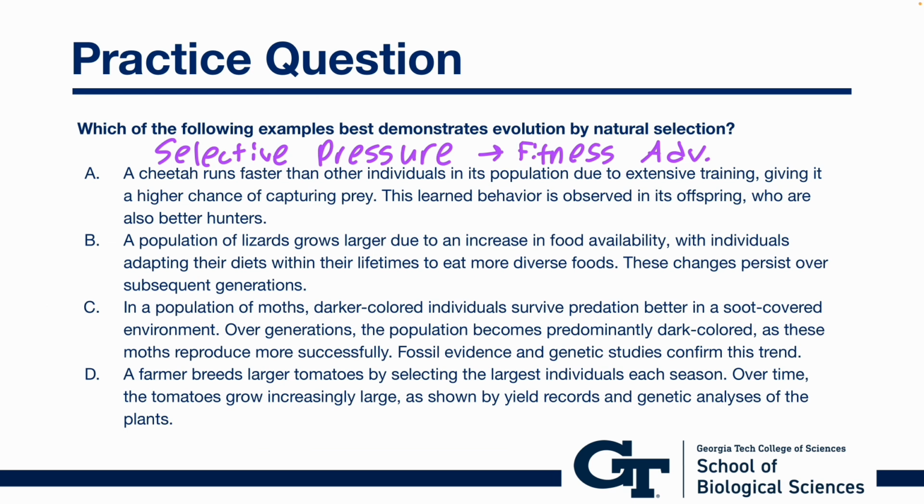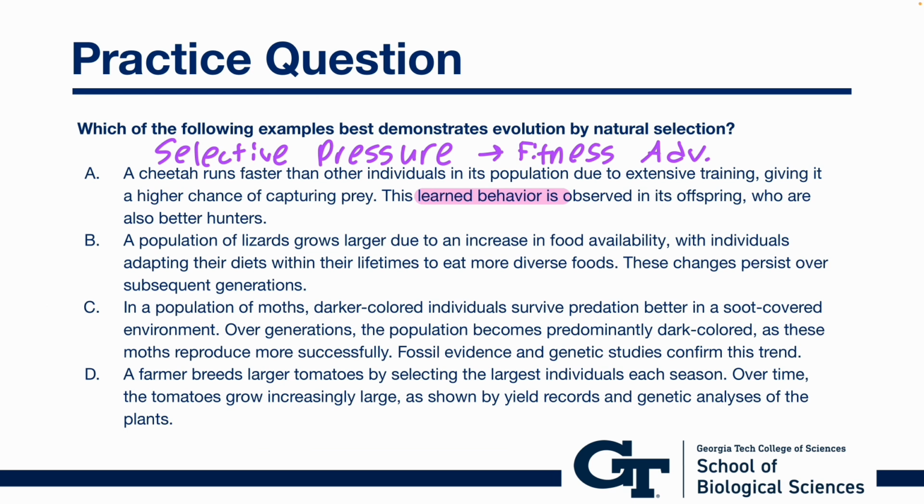So the first thing we're given is a cheetah. It can run faster, therefore it has a higher chance of capturing prey. However, looking at this right now, what does this say? A learned behavior. So its offspring learn the behavior, but is that a change in genetics? No, we have no change in genes. So this is not going to be evolution by natural selection.